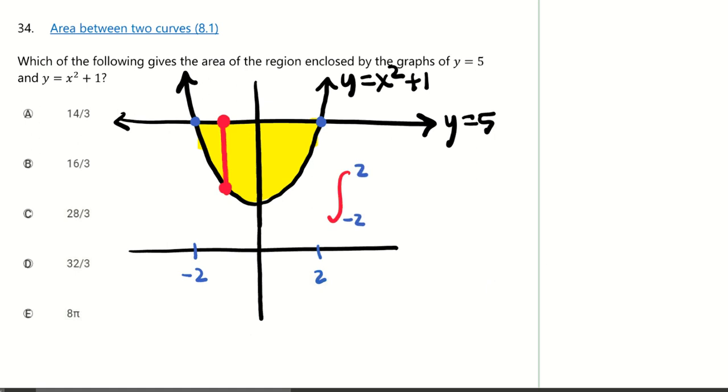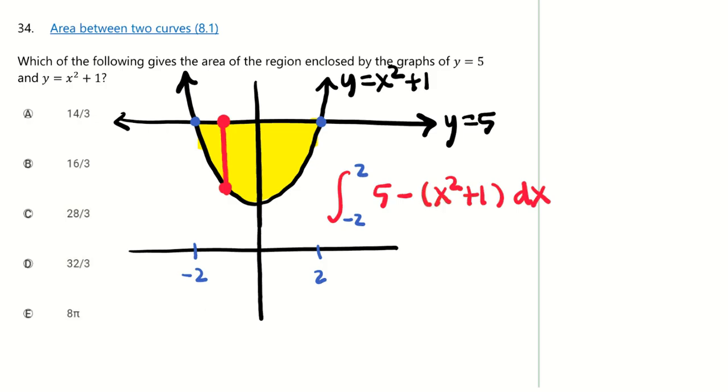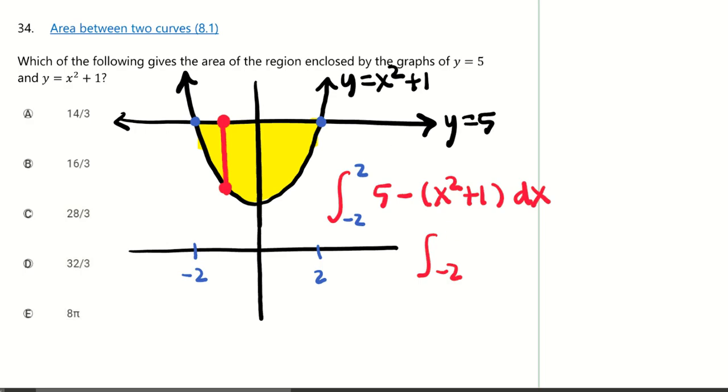So I'm going to integrate from negative 2 to 2 on top minus bottom is 5 on top, x squared plus 1 on bottom. Okay, making sure we're being judicious with those parentheses, right? This is where something bad could happen. I bet they're ready for you integrating 6 minus x squared instead of 4 minus x squared. Okay, but I'm going to simplify first so that I don't make an error unnecessarily.